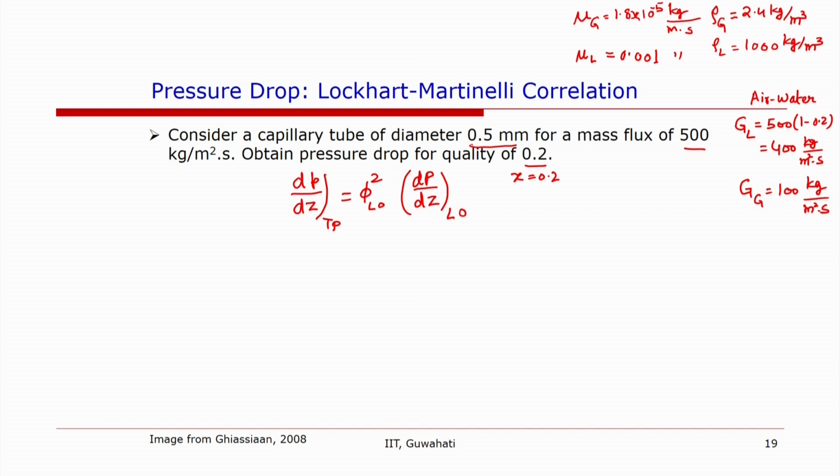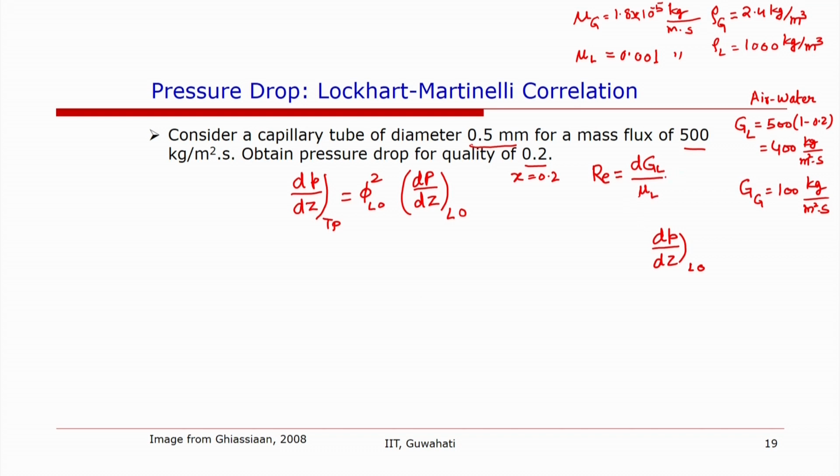So first we need to find the liquid only pressure drop, so we can calculate dP by dZ liquid only. Before that we need to calculate the Reynolds number for the liquid phase. So Reynolds number is D, the channel diameter, times G liquid over mu liquid.